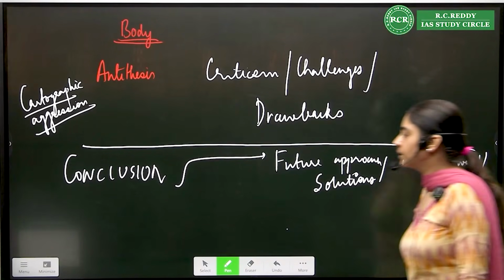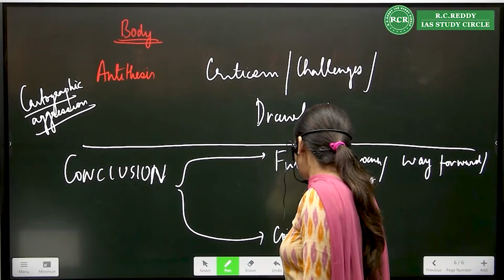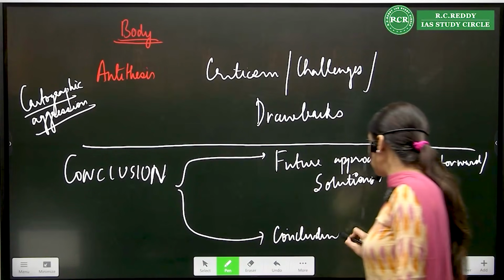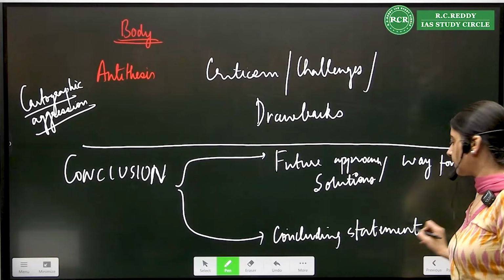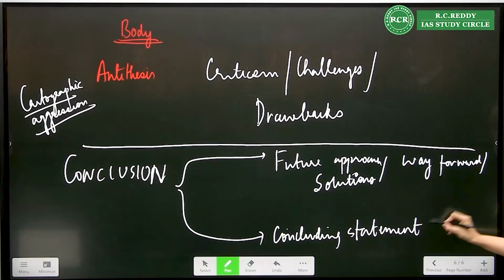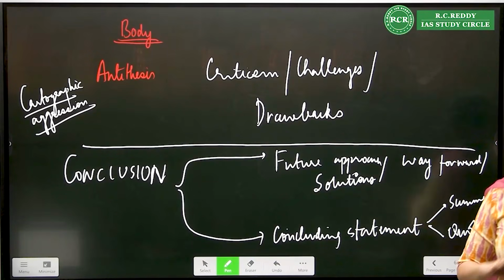And then last will be your concluding statement where we give closure to your essay, which can either be a one-line summary, or you can end it with a quote too. Your wish. If you have some quote which looks good at the end, that also can be included in your essay. With this, we draw a kind of full circle.